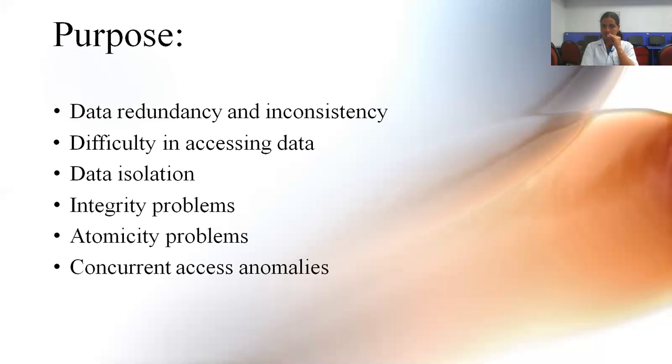But a DBMS is used to minimize data redundancy, so there is no need of having the same copy of data several times. That is called data redundancy and inconsistency.